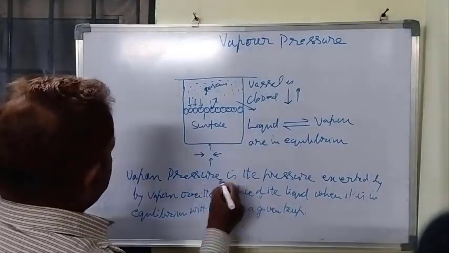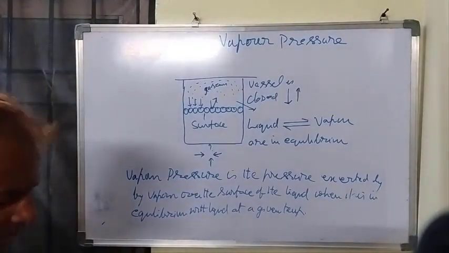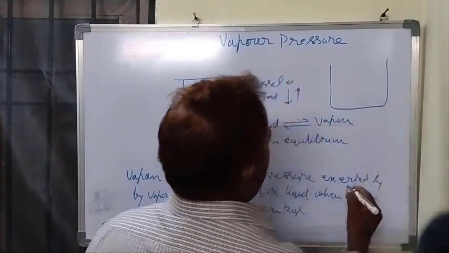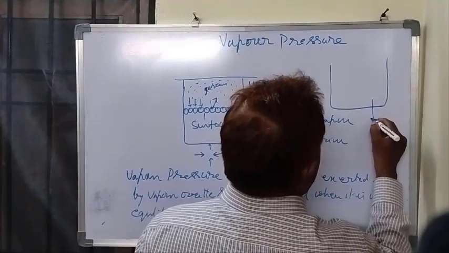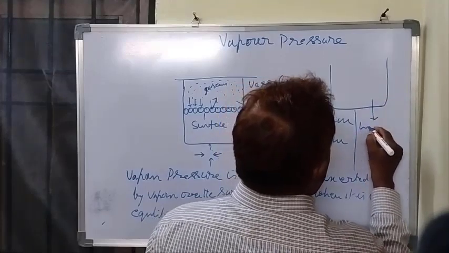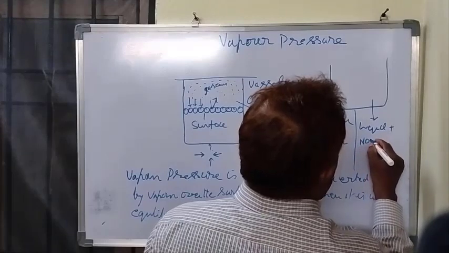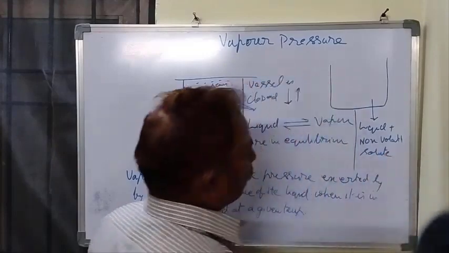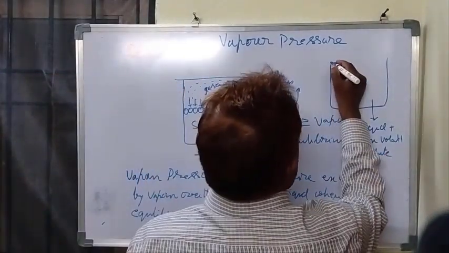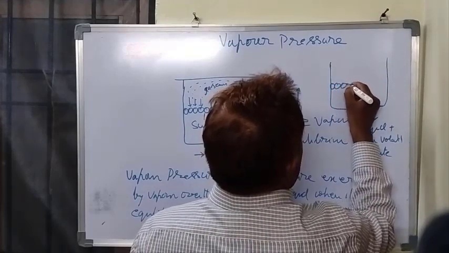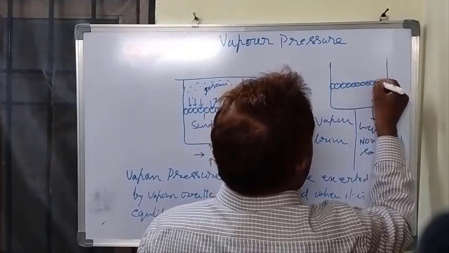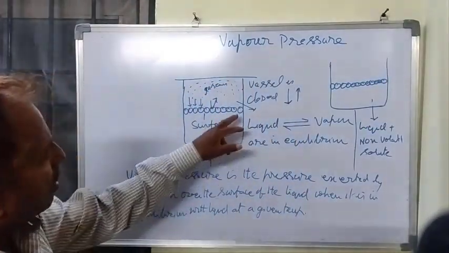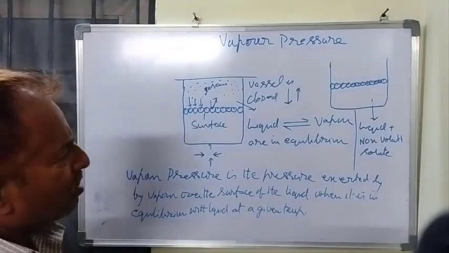Now we dissolve some non-volatile solute. So here this is liquid plus non-volatile solute, and of course these are the particles. Imagine when it is a pure liquid, all the surface is occupied by liquid molecules.